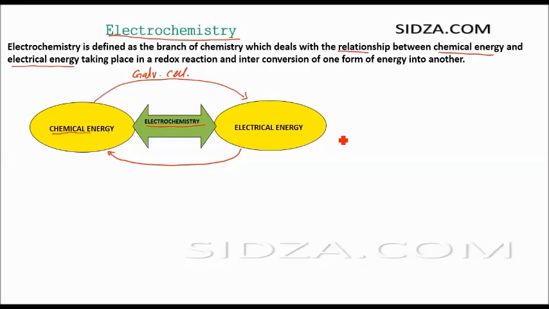Suppose you take H2O, you can decompose this water molecule into hydrogen and oxygen, but the decomposition is not a spontaneous process. It cannot occur on its own. This is a redox reaction, but it cannot occur of its own unless we use electricity. So we have to use electrical energy here to convert H2O into hydrogen and oxygen.